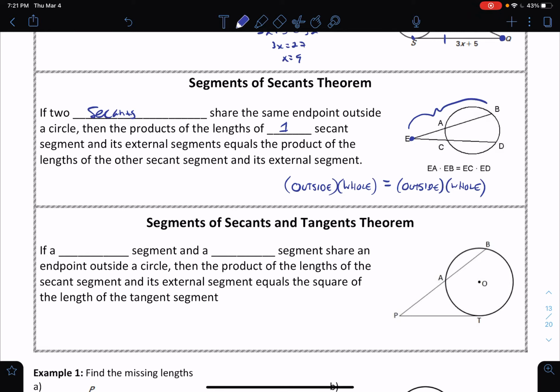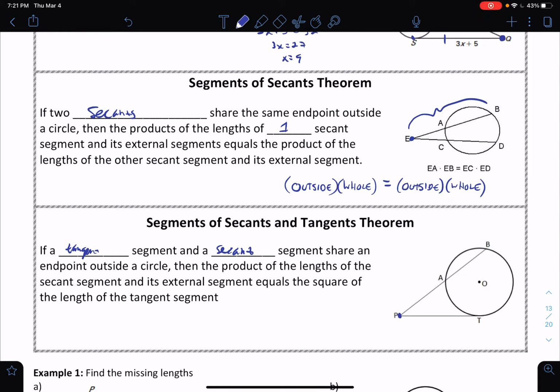Now, if I'm dealing with a secant and a tangent that both come from the outside point, so if we have a tangent segment and a secant segment that come from the same endpoint outside the circle, then the product of the lengths of the secant segment and its external segment equals the square of the length of the tangent segment.